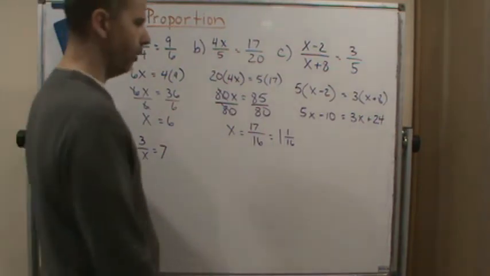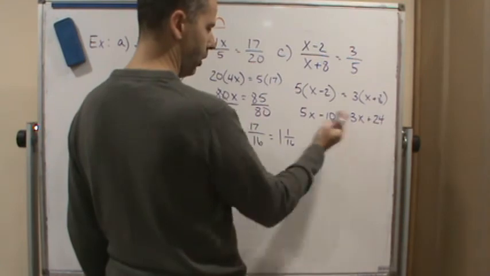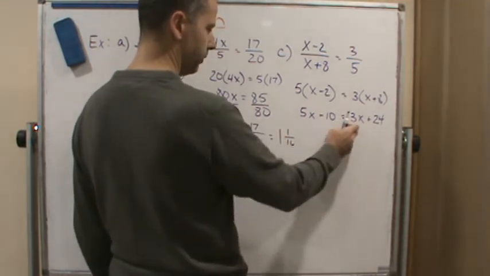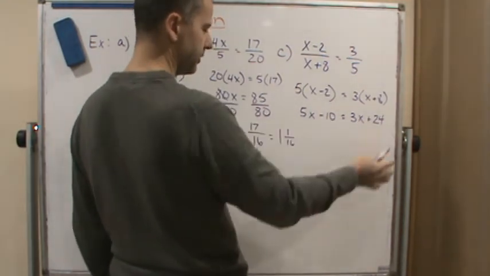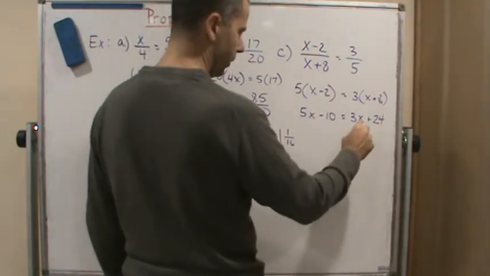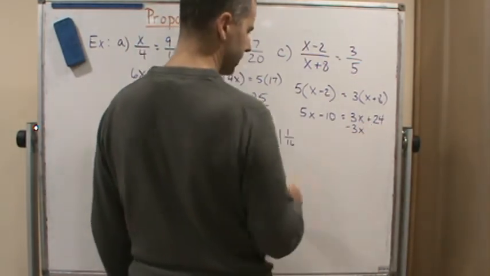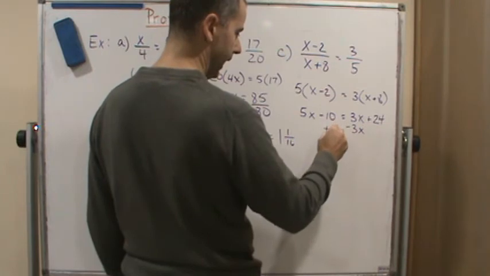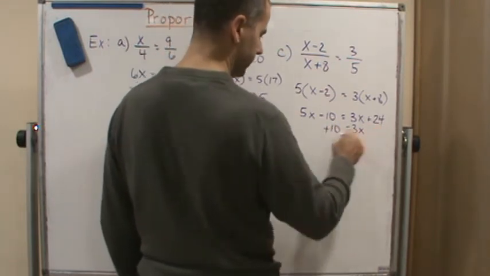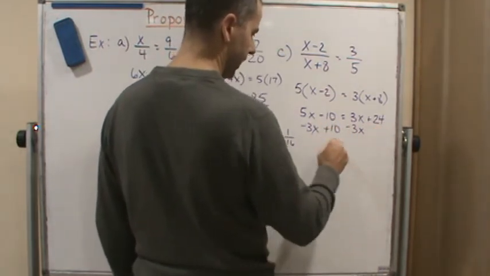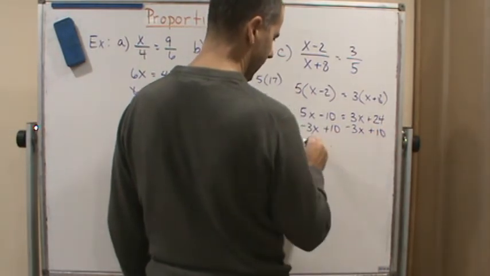Okay, and now we're going to just solve. I'm going to move all the variable terms to the left, all the constants to the right. And so I'm going to subtract 3x from both sides, and I'm going to add 10 to both sides. So let's do minus 3x plus 10.